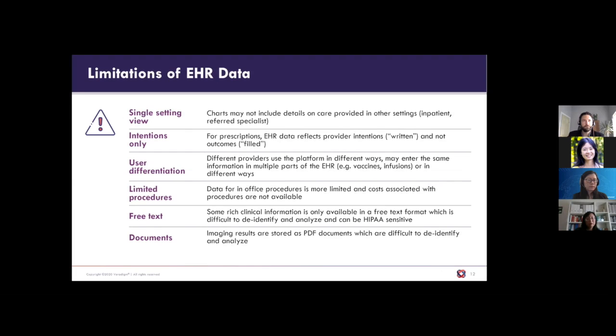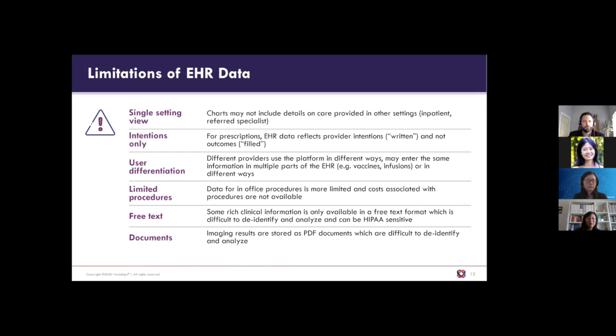EHRs are also first and foremost designed to support the provider-patient interaction. This means that the system of capture is very customizable to the provider's preferences, and the provider has a lot more leeway in how they complete an EHR and use a particular coding system.